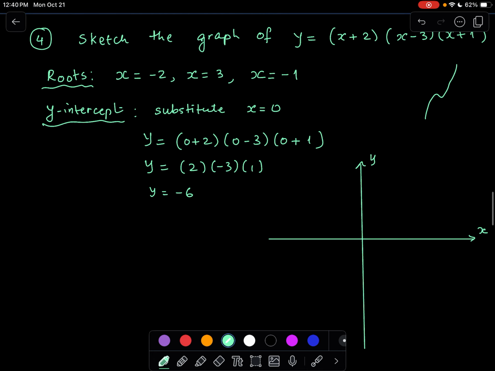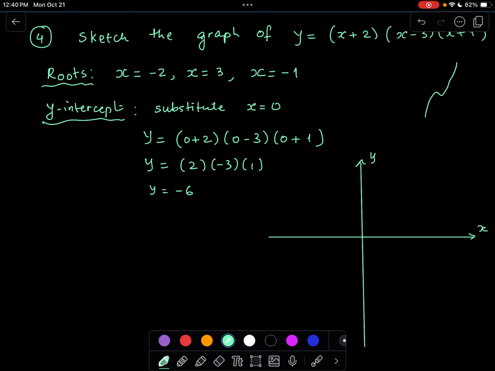So we are having the x-intercepts or the roots as minus 1, minus 2, and we have the y-intercept as minus 6. Let us leave it here.